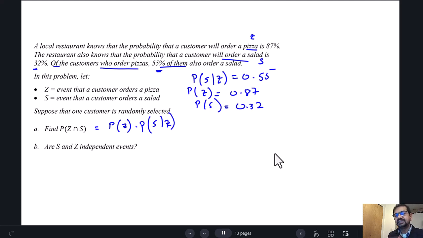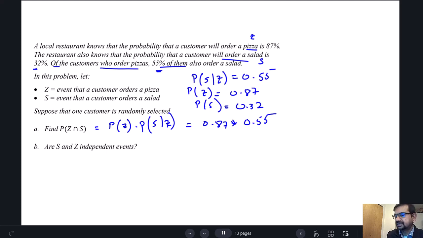So P of Z times P of S conditional on Z. And that's given as 0.87 for P of Z times 0.55 for the conditional probability of S given Z.